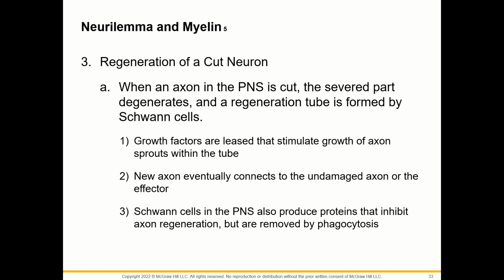And I believe that the closer the injury is to the cell body, the more chances of regeneration there are. Don't quote me on that. Moving on.